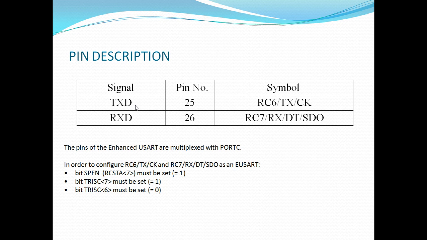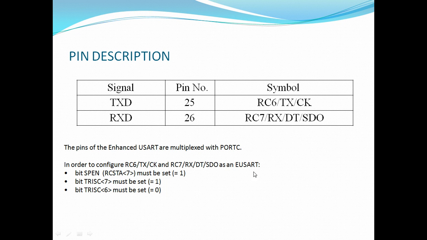Data transmission will take place through TXD pin from the microcontroller to any data communication equipment or personal computer, and microcontroller will receive data through RXD pin from any communication data equipment or from personal computer.